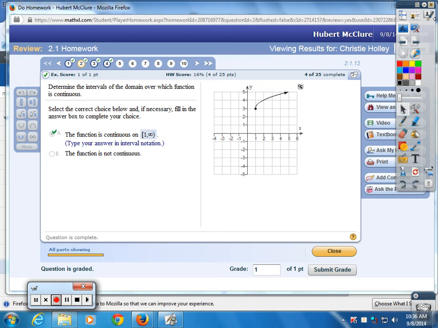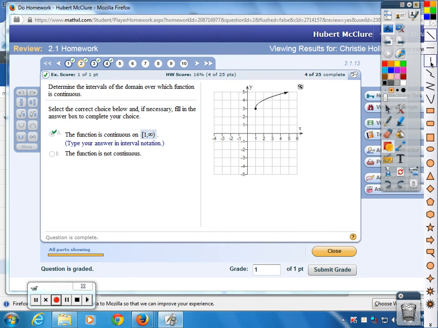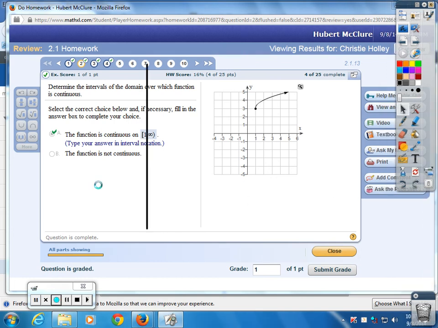But if you were to take a straight line, it's on the board over there. Which way do we read? You know domain is X values, right?